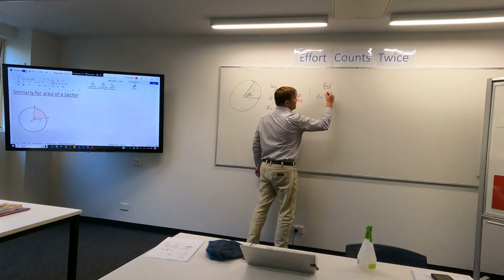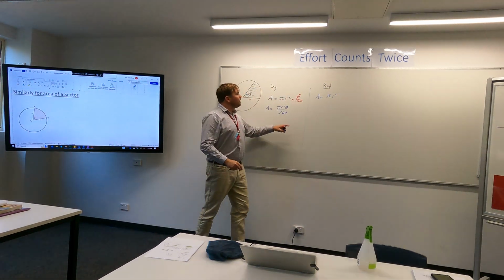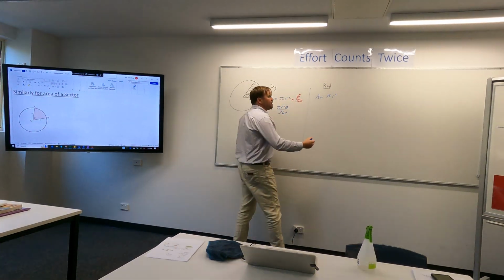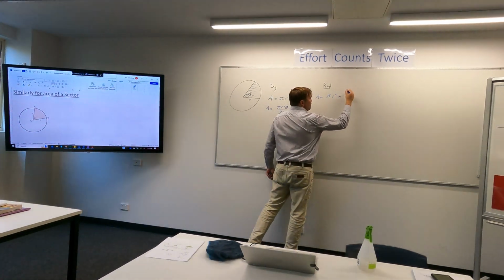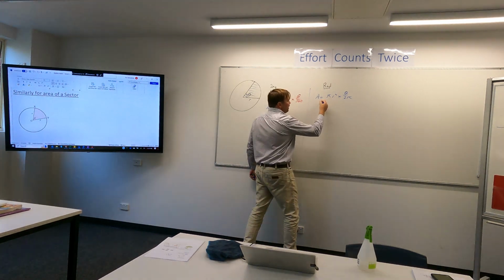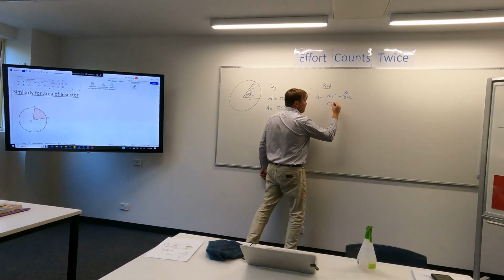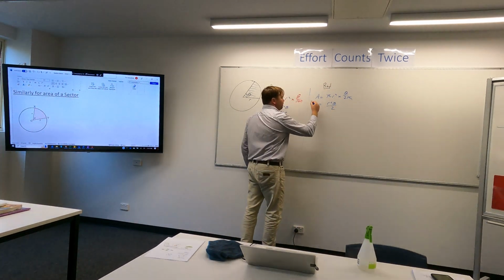Area is pi r squared multiplied by a fraction. Instead of the fraction being theta on 360, it's now theta on 2 pi. The pi's cancel. It will be r squared theta on 2.